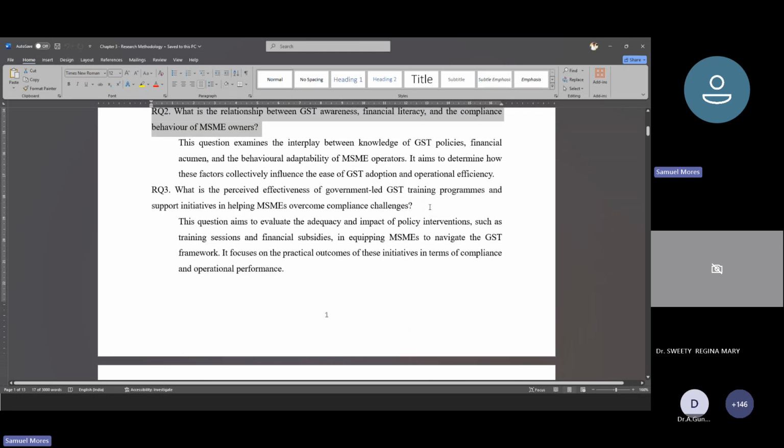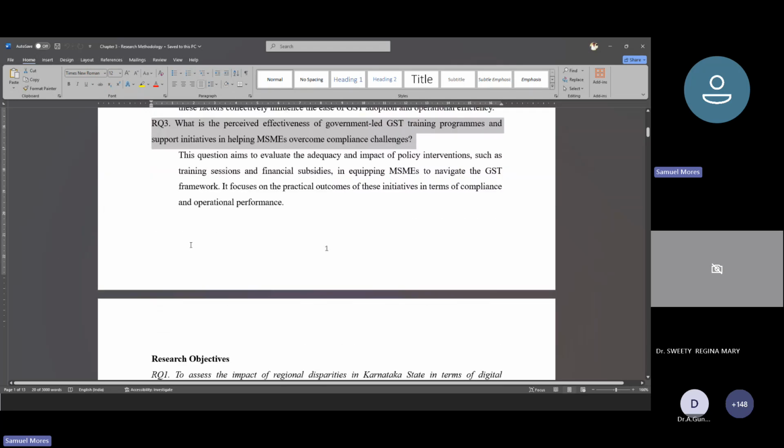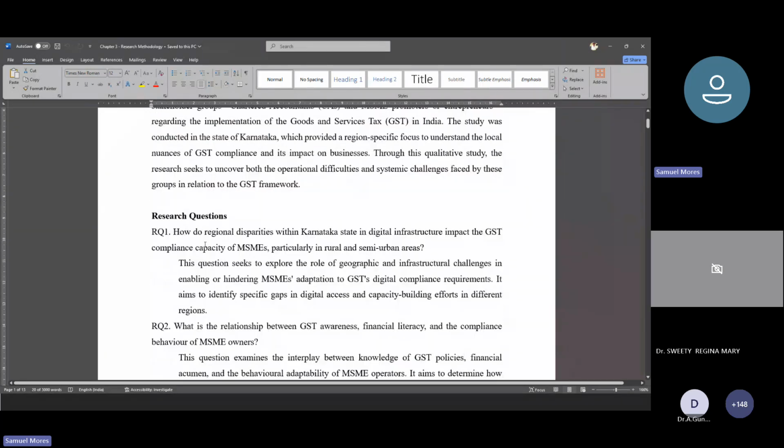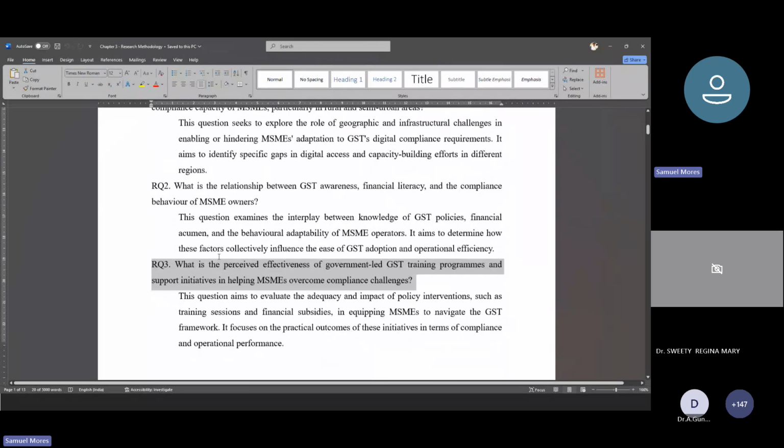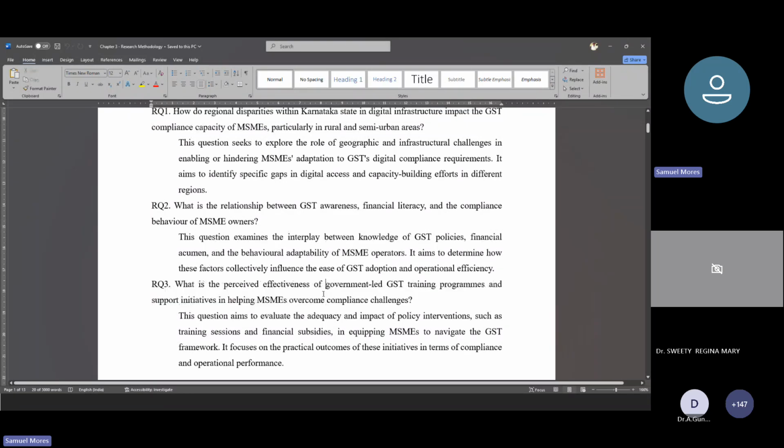The third question I framed is, what is the perceived effectiveness of government-led GST training programs and support initiatives in helping MSMEs overcome compliance challenges? These are the three questions I have framed based on the problem statement.